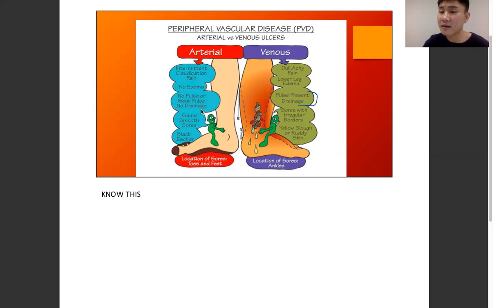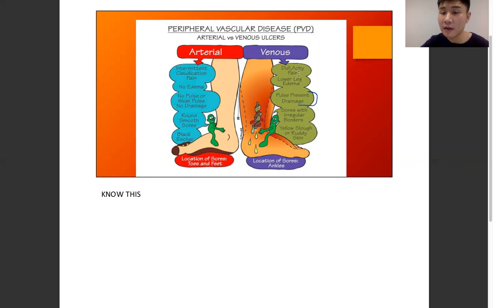Because no blood is coming there, so obviously no blood, no pulse. No drainage because there's no blood. If there's a cut, nothing comes out. I mean, there'll be a little bit of blood, but it's not as much as with PVD. They'll have round, smooth sores, and they'll have black eschar. Black eschar is basically dead tissue because of ischemia, meaning no oxygen.